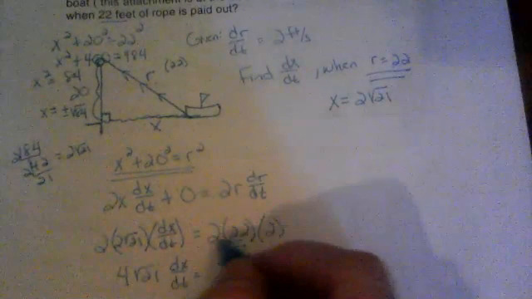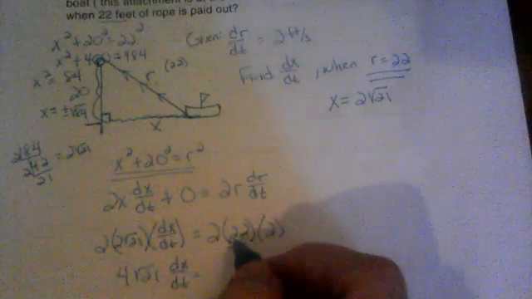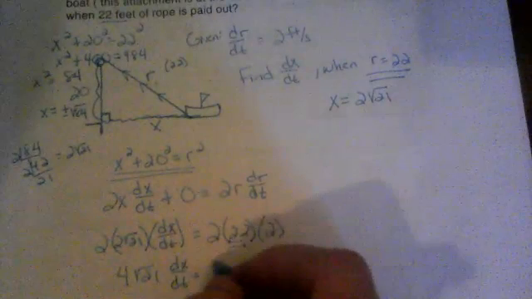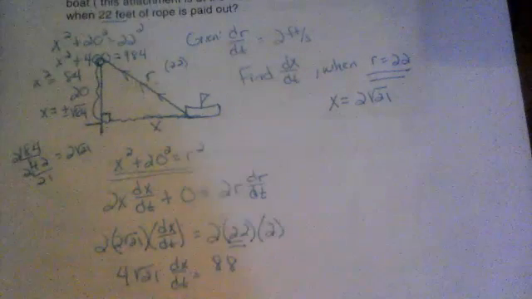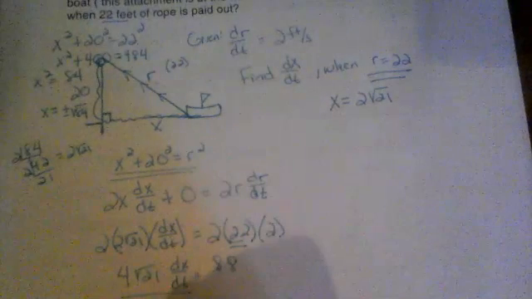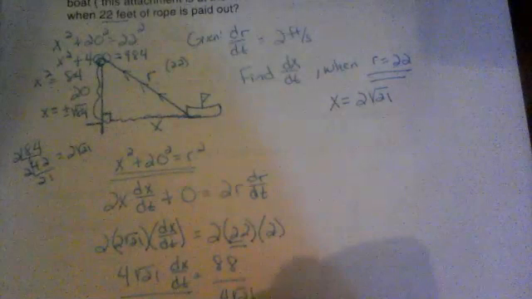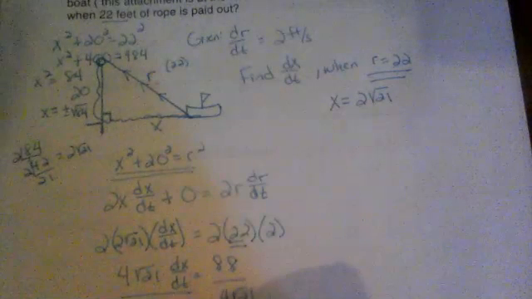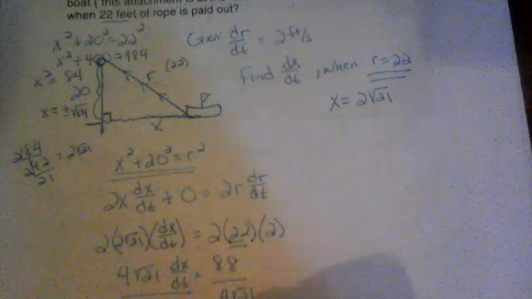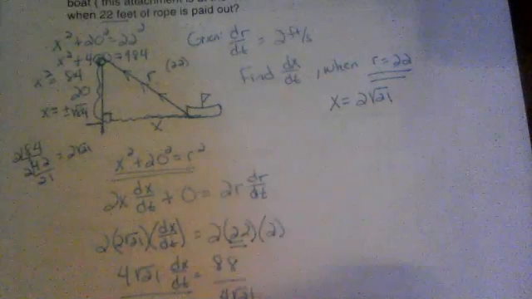equals 2 times 2 is 4, times 22 would be 88. We're going to divide by 4 square root of 21. So dx/dt equals 22 over square root of 21.